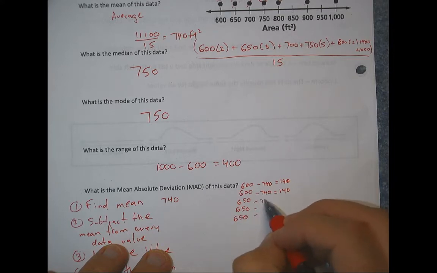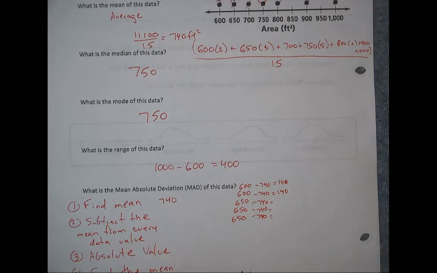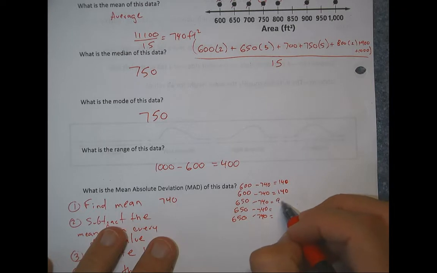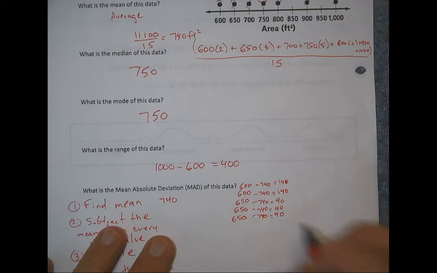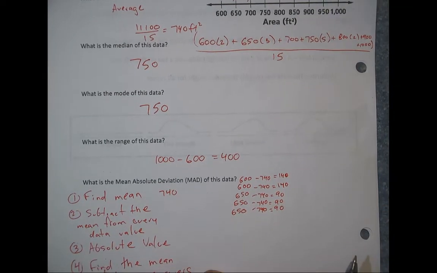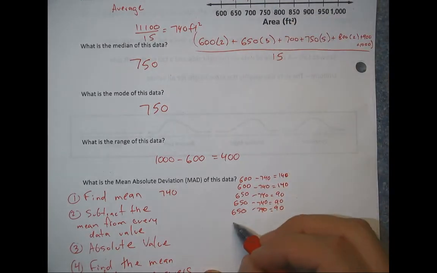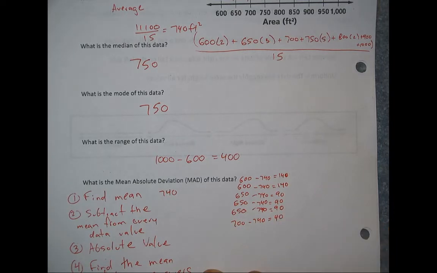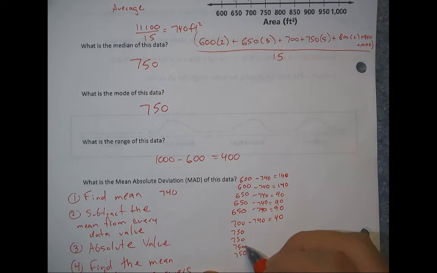I've got three 650s. And all of those, how far are they from our average? Now they're all going to be the same, so I'm going to do the math once. So those are 90 away from our average. So I have three 90s. And I have one 700, and it's 40 away. Five 750s: 1, 2, 3, 4, and 5.